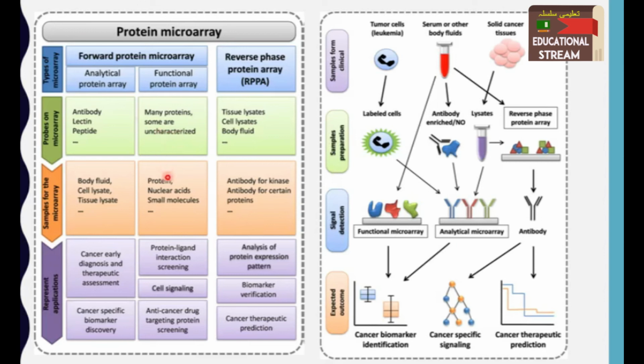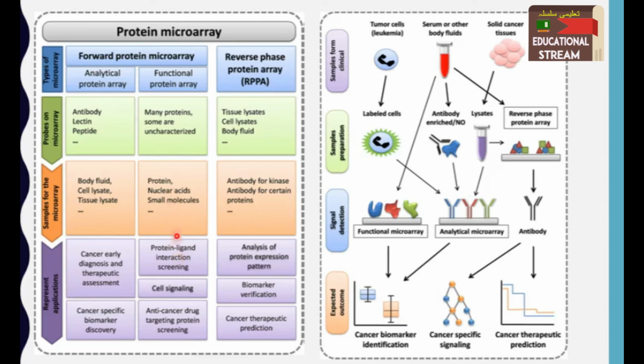For this reason, functional protein microarrays are suitable for detecting various types of protein activities, and the sample used for the microarray depends upon the activities to be identified. If it is a protein, then we want to find enzyme-substrate interactions or protein-protein interactions. If it is a nucleic acid, then we want to find protein-nucleotide interactions. For small molecules, we are interested in protein-glycan, protein-lipid, or protein-other small molecule interactions.